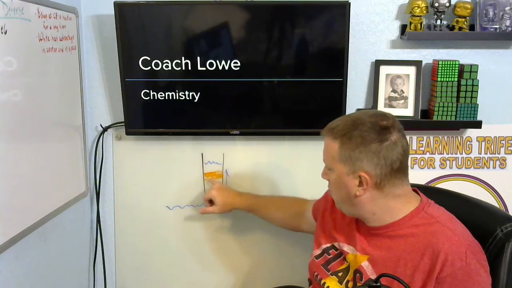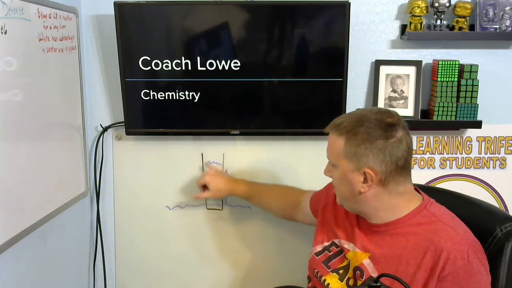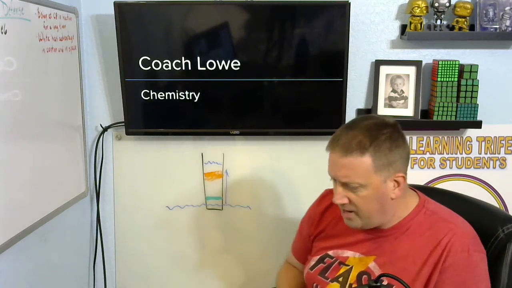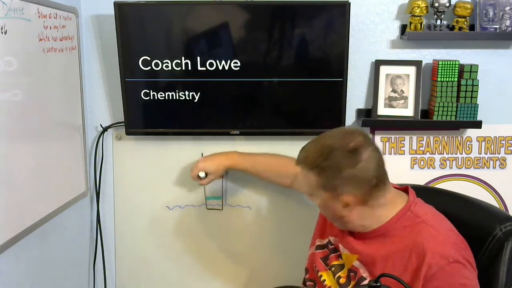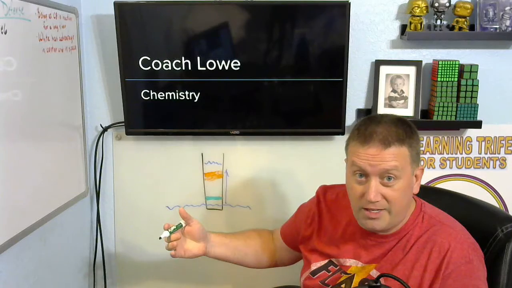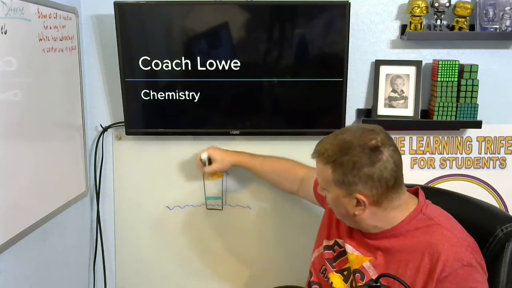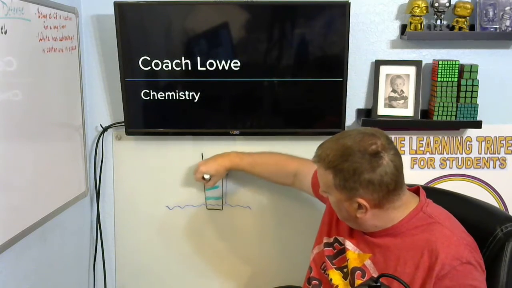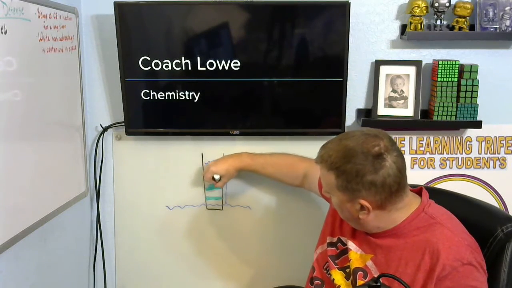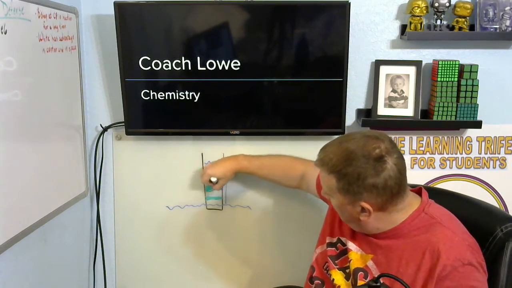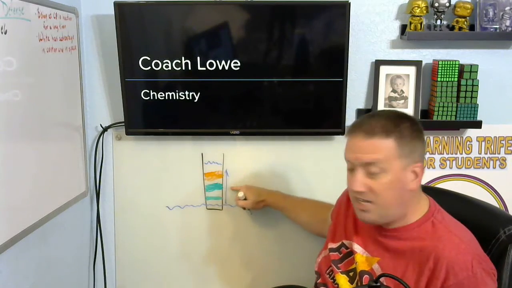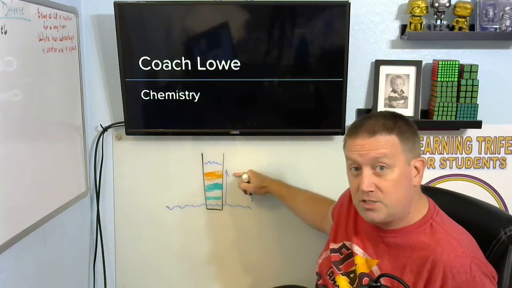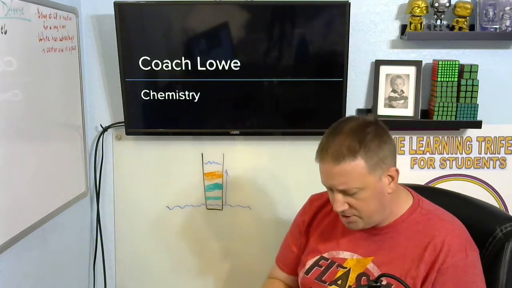So we'll have smaller particles up here. This up here is all pure alcohol. And then down here, I'm sorry, I don't have a yellow marker, otherwise I would use that. But down here, we're going to have the heavier particles. So the heavier pigments stay down here, while the lighter pigments get carried further up on the chromatography paper.